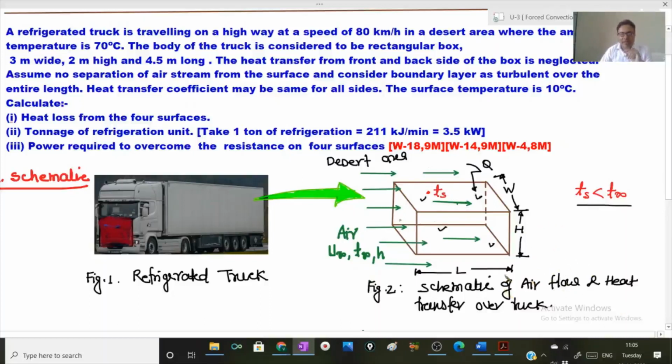Now in the problem it is mentioned heat transfer from the atmosphere into the refrigerated truck from this front and back surface is neglected. Though we can consider, but the problem is asking you to neglect. Otherwise heat transfer will also take place from these two surfaces as well. Okay.